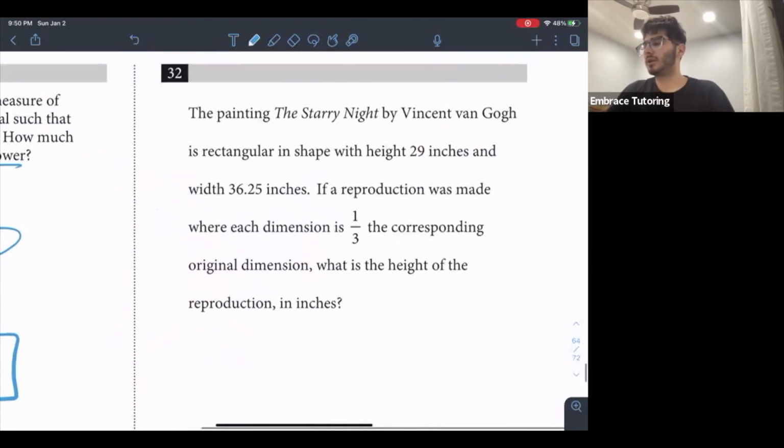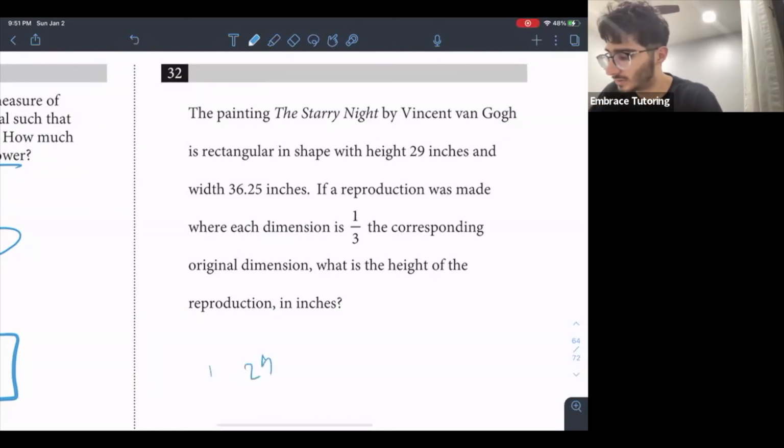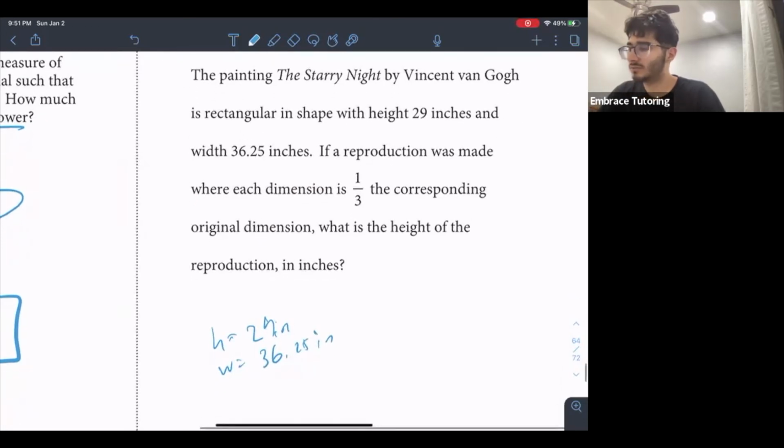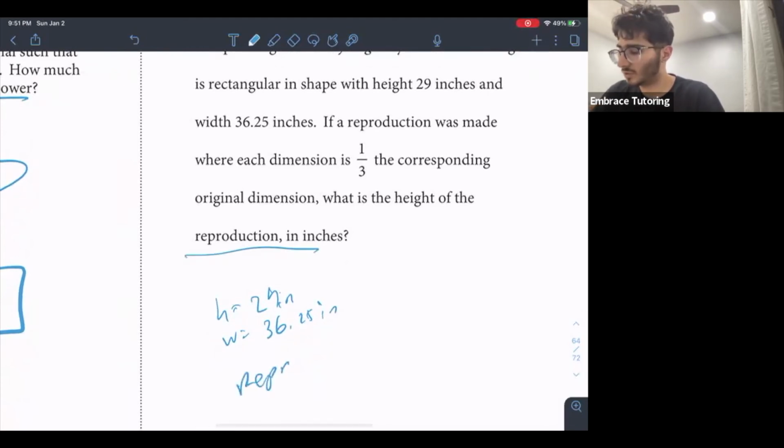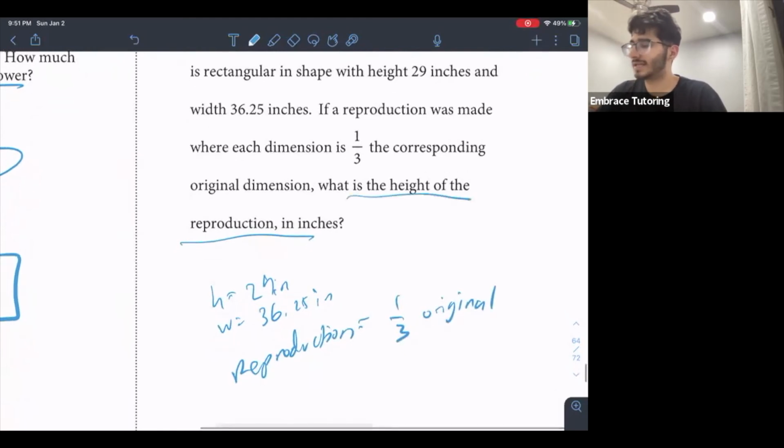Question 32 now. The painting The Starry Night by Vincent van Gogh is rectangular in shape with a height of 29 inches and a width of 36.25 inches. If the reproduction was made where each dimension was 1/3 the corresponding original dimension, what is the height of the reproduction? So the reproduction is 1/3 of the original, and it's asking for the height.